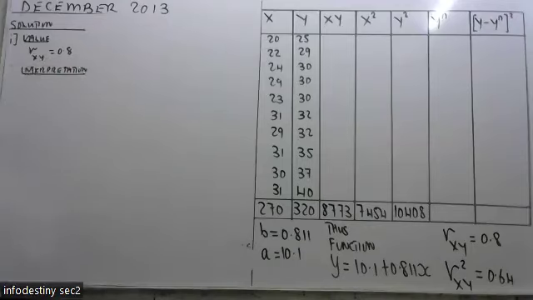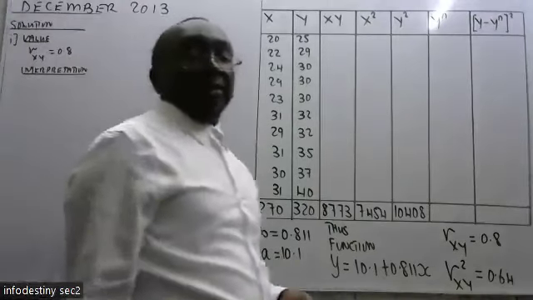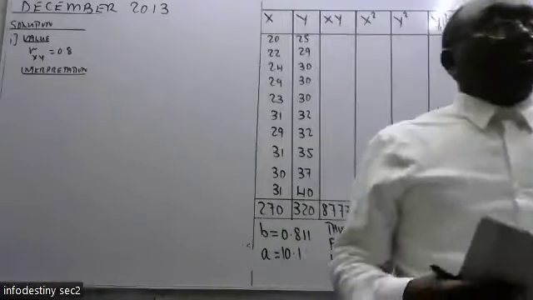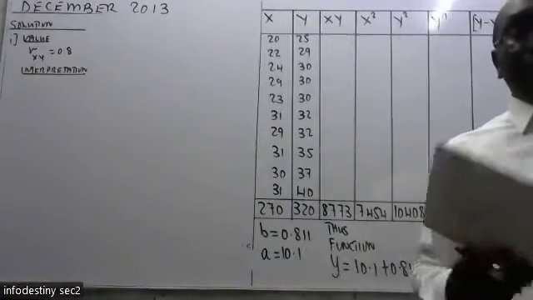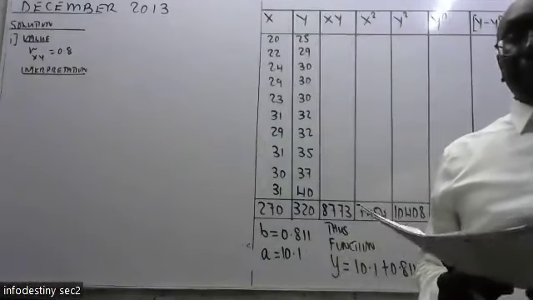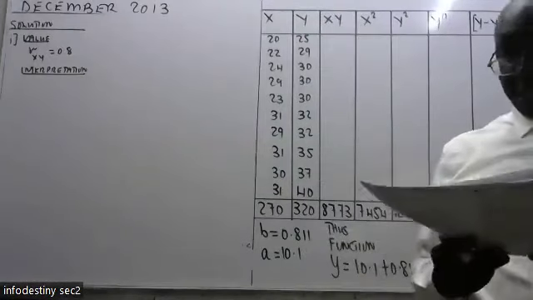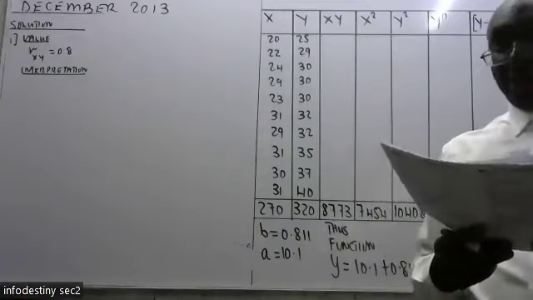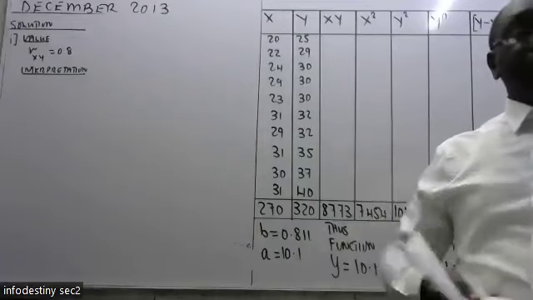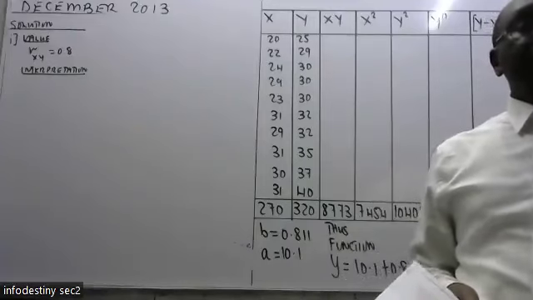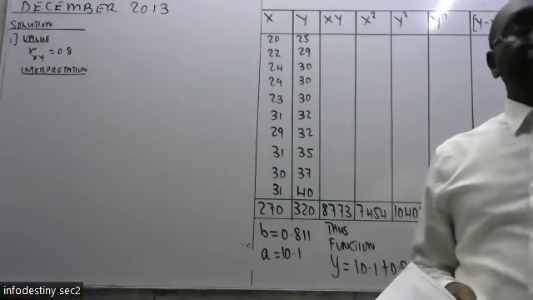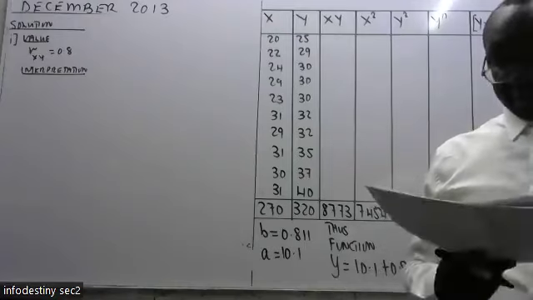So in the interpretation you say this shows a very strong direct relationship between the age of a husband and the age of the wife in the above case.